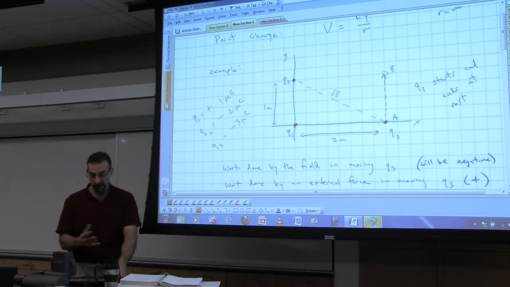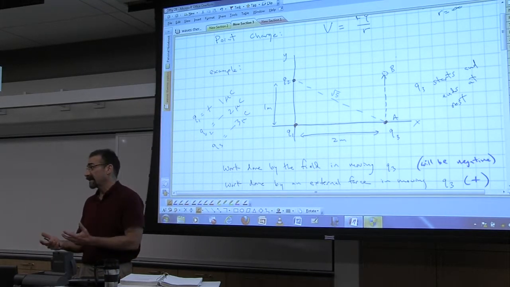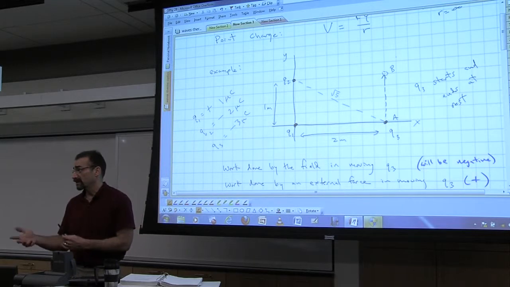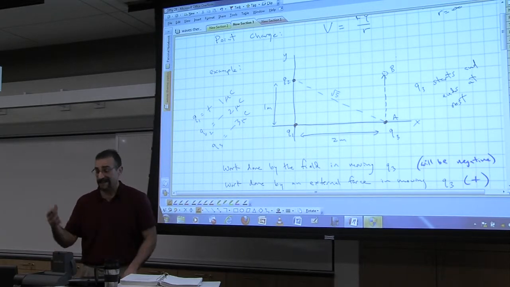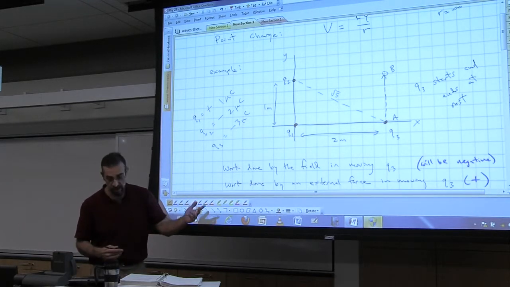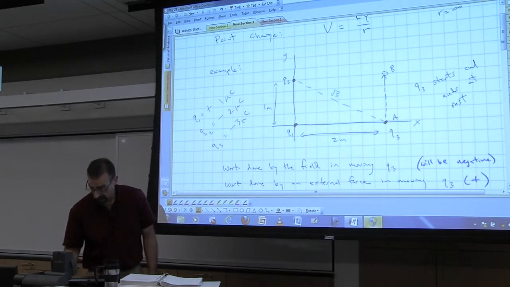So you do the calculation once, figure out what delta V is, and then every time you move a different charge from point A to point B, you just multiply delta V by a different charge. It's a lot easier that way. And where are the charges changing all the time? In a circuit, that often happens, right? The charges are always changing. So that's why we use this in a circuit. Okay.